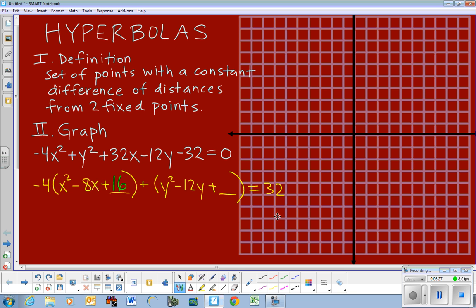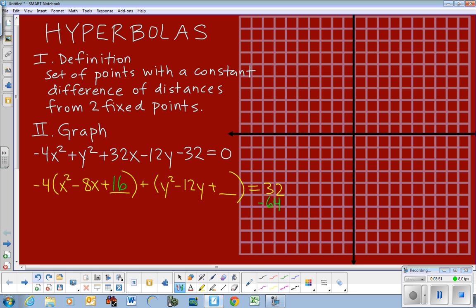So I need to subtract 4 16s from the right. And 4 times 16 is 64. So I need to subtract 64 over here to make up for the negative 64 that I did to the left. That's a common mistake, is to not realize that when I add 16 inside the parentheses, I actually subtracted 64 from the left side.